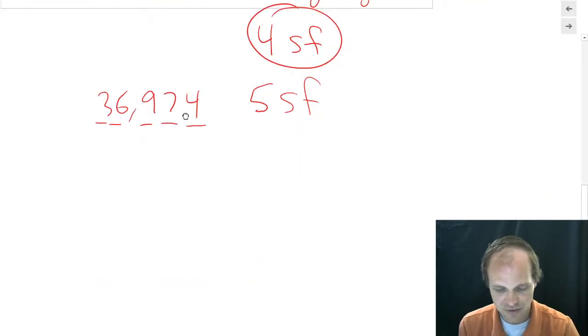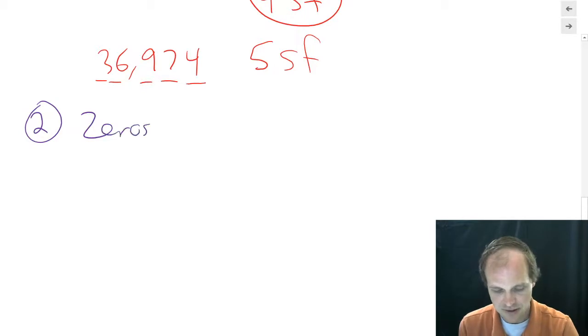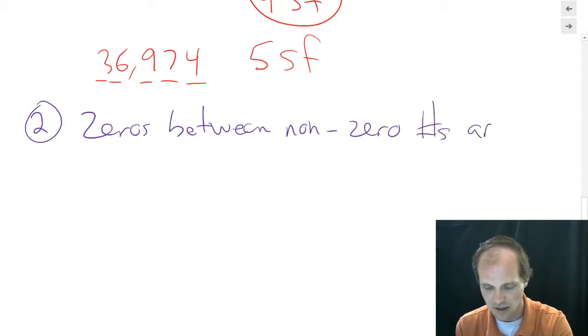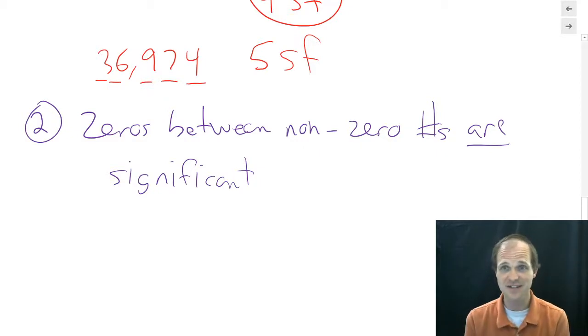The next rule, number 2, is that zeros between non-zero numbers are significant. Right? Sometimes we measure something and it's 0.